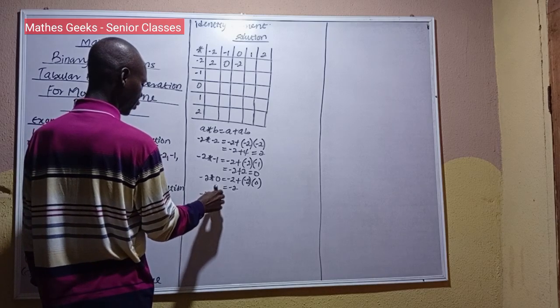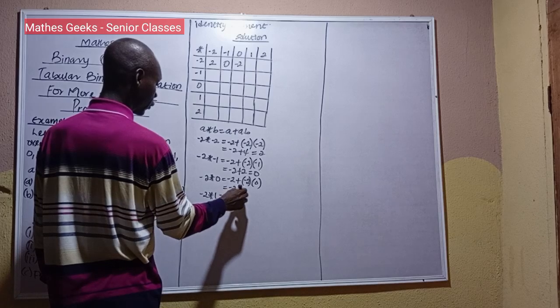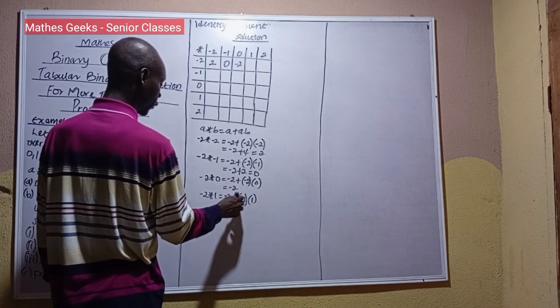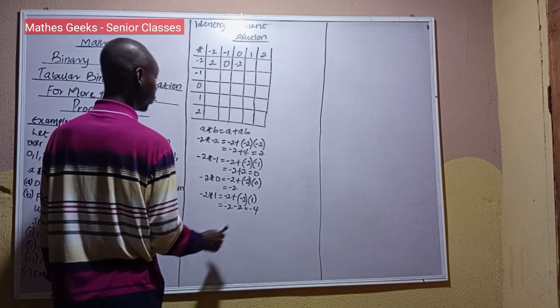Then -2 operation 1: -2 plus 1, plus -2 times 1 which is -2, giving -3.